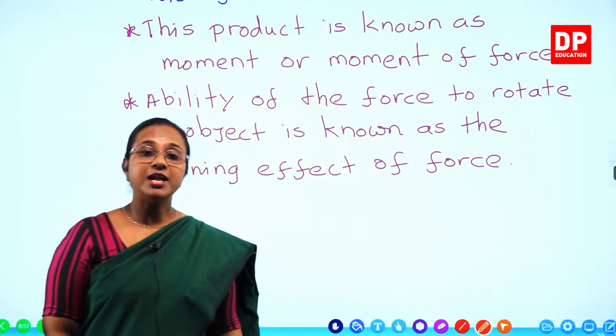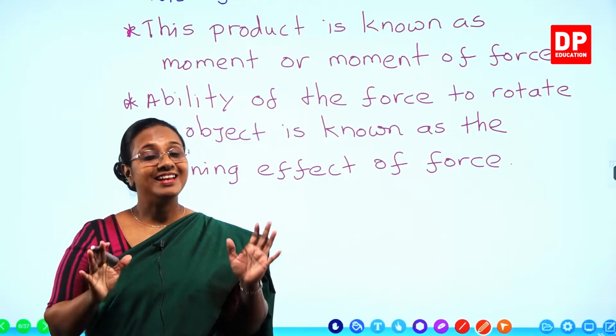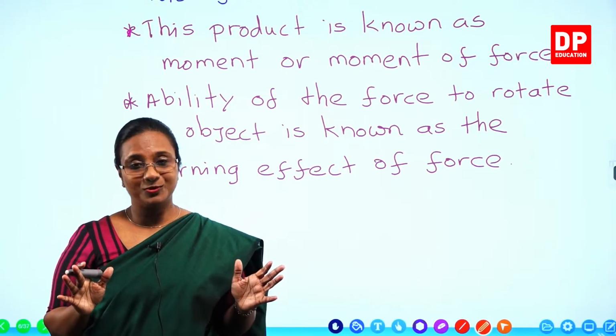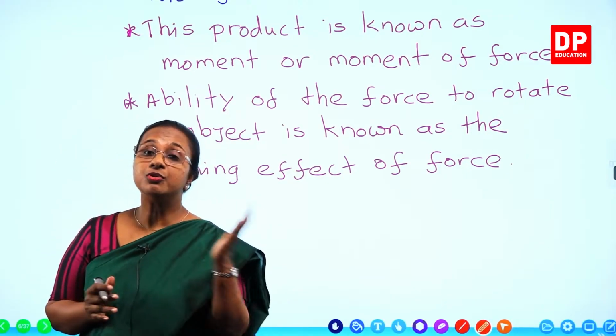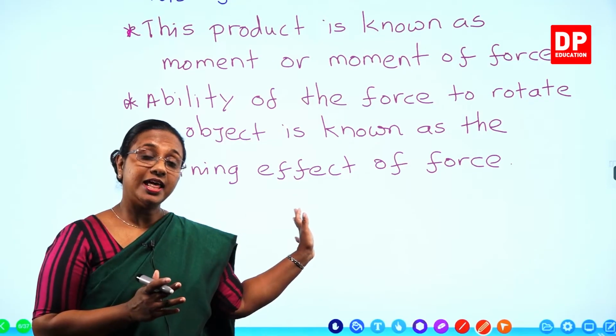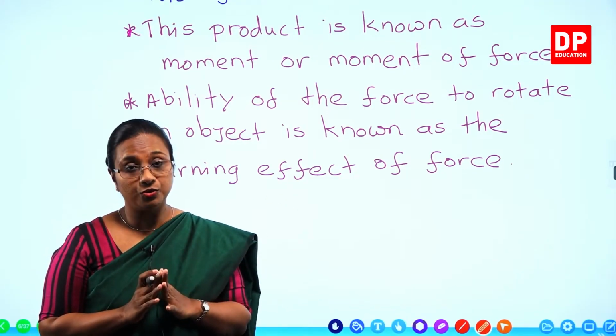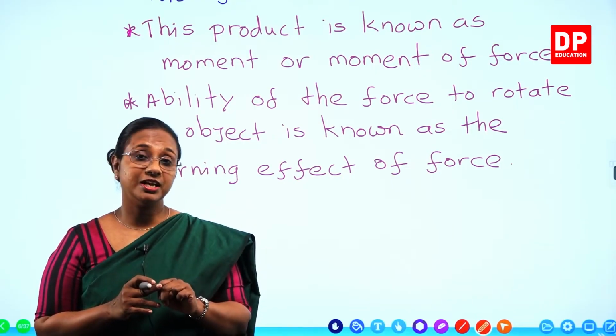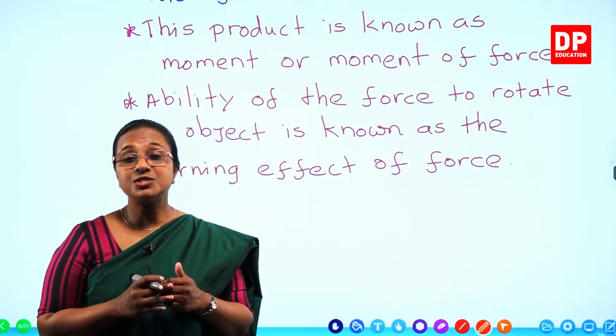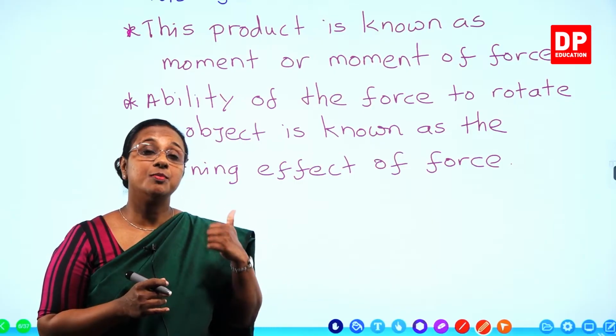So now can you all understand the topic, students? The lesson is on turning effect of force. So here by applying a force we are trying to rotate an object. In the activity it was the door. So under that we discussed two types of turning effect, or we were going to discuss two topics. The first one is moment.